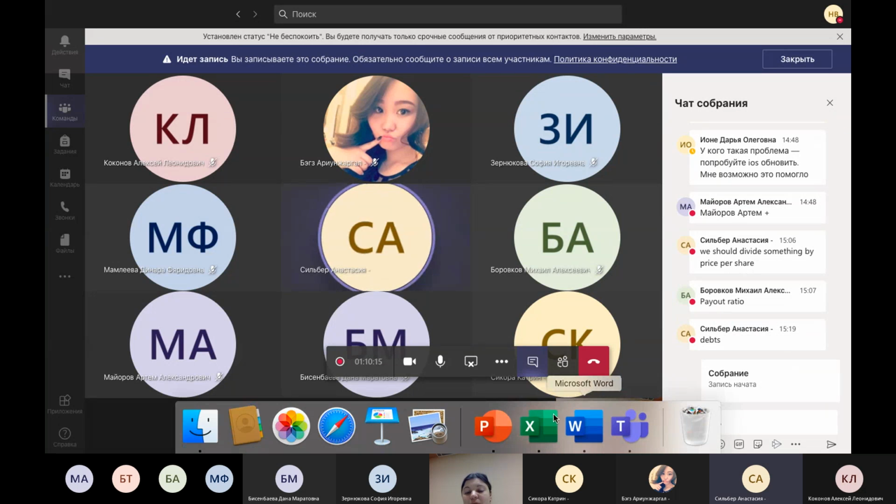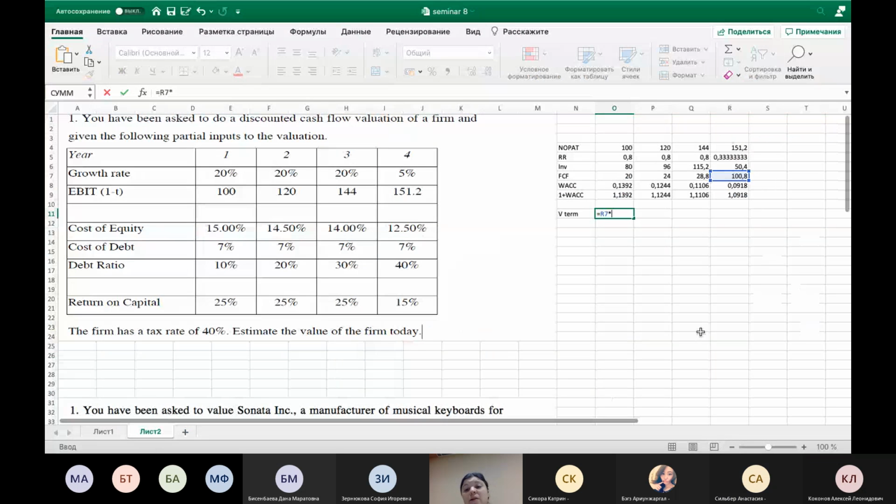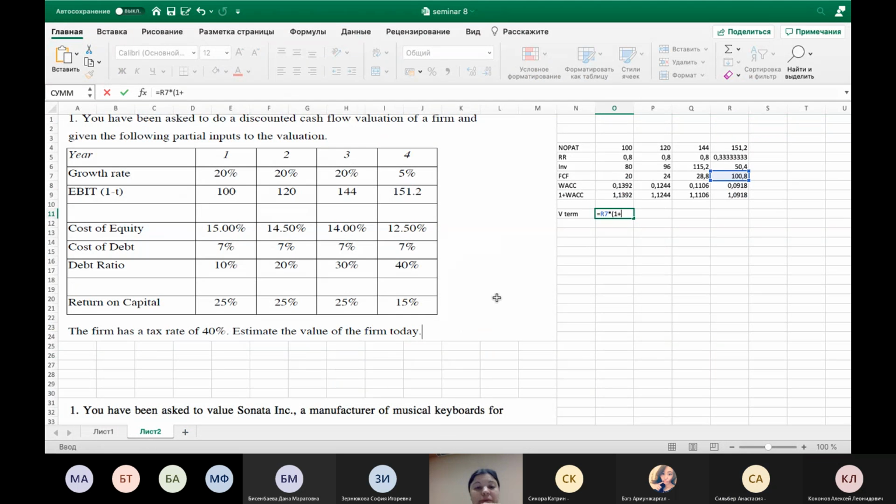The growth. 1 plus growth, exactly. 1 plus our expected growth, 5%. Good. 1 plus 5% divided by our cost of capital minus growth, minus 5%.